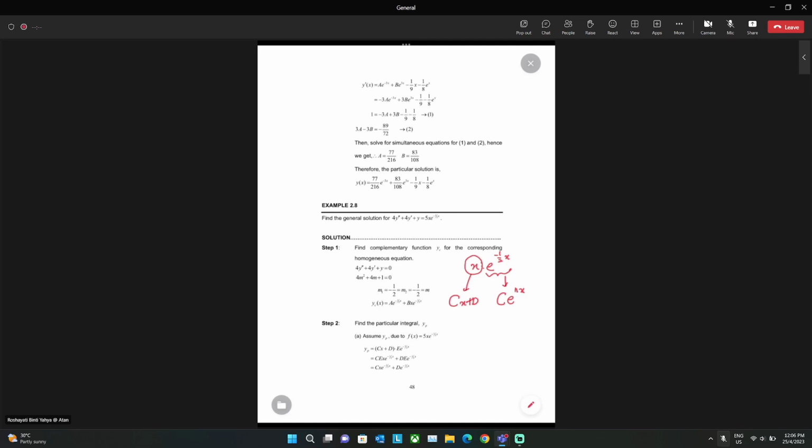Since these two coefficients are multiplied, just multiply, and please do not use repeated constants.